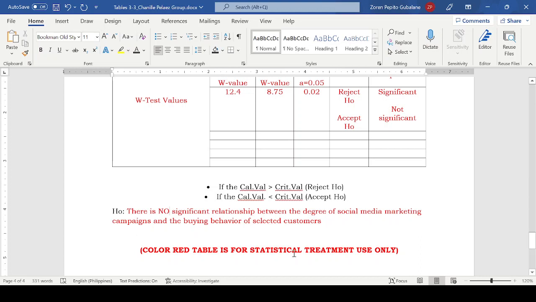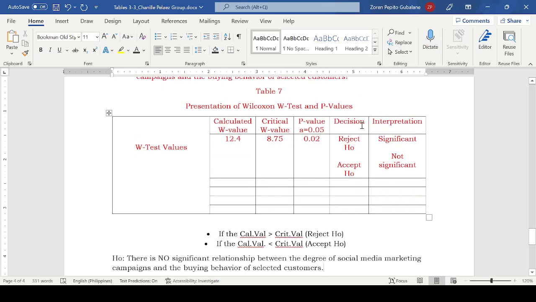Okay, so take it literal, no? Literally. All right. So based on our computation above, let's check if the researcher has to reject or accept, and the researcher has to interpret it as significant or not significant.